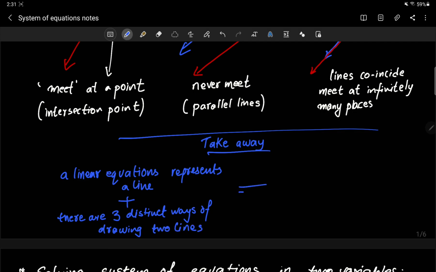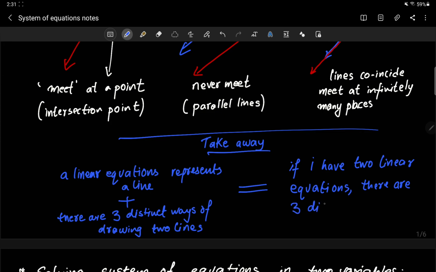The result of this observation is that if I have two linear equations, there are exactly three different things that can happen.